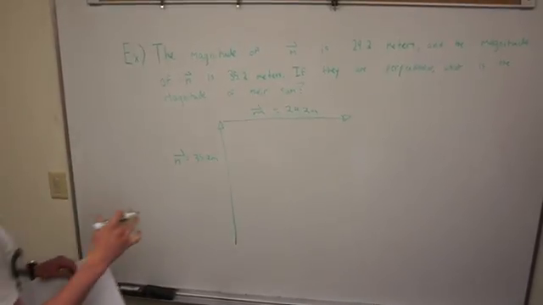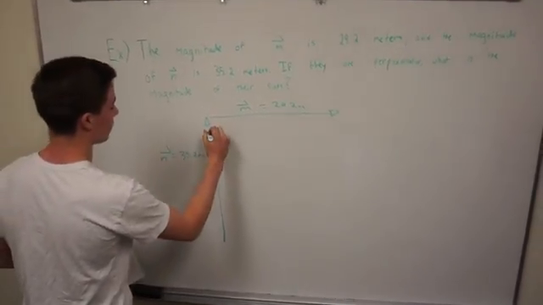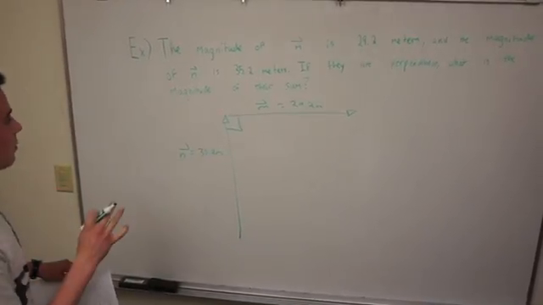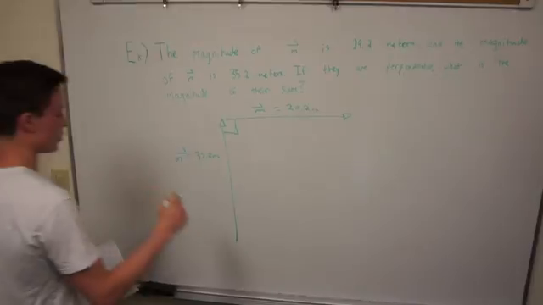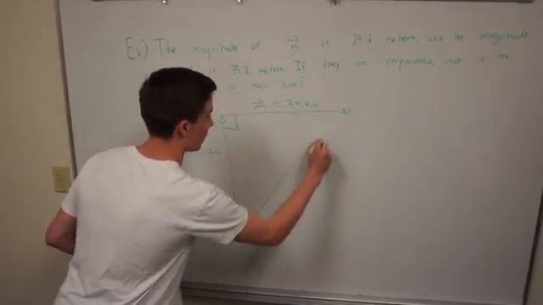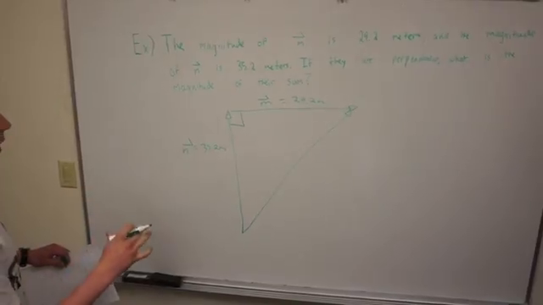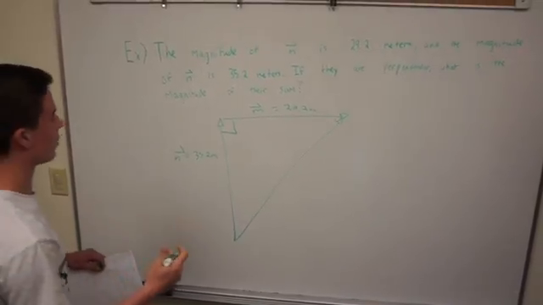Since they're perpendicular, this angle right here is 90 degrees. The sum of these two vectors is this one right here, the resultant vector. To solve for that, you want to treat it like a right triangle.